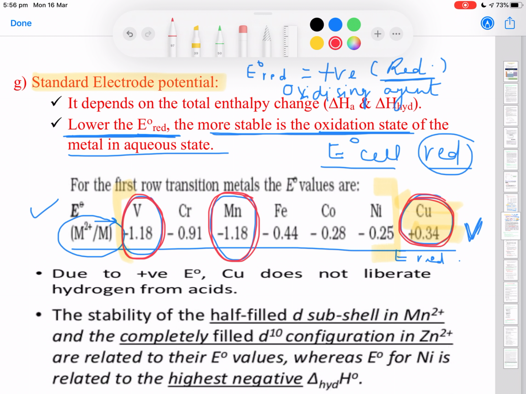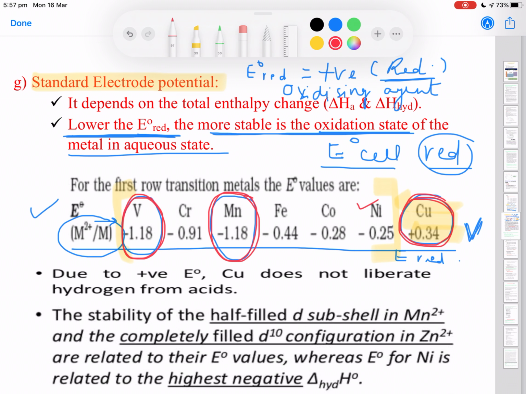More reduction potential amongst these vanadium to nickel goes for nickel. Okay, because minus 0.25 value is higher than minus 1.18. So nickel has more ability to undergo reduction than manganese and vanadium. Okay, but copper has the highest amongst all. So this is a very important concept to understand.